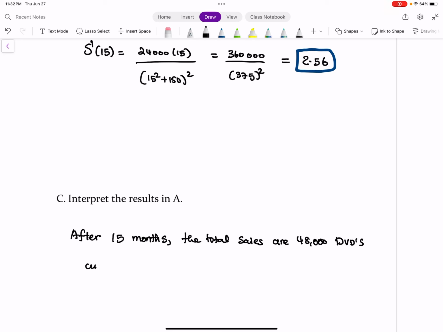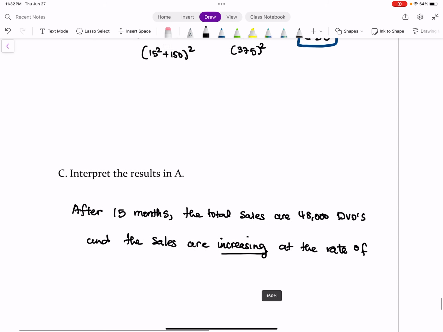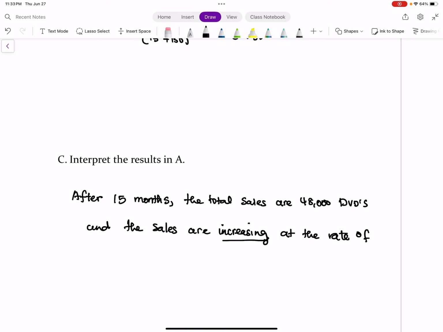And it is a positive value, so the sales are increasing. This is important: the rate is, make sure to multiply by 1,000, 2,560 DVDs per month.